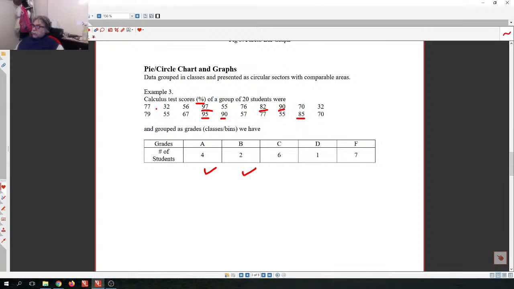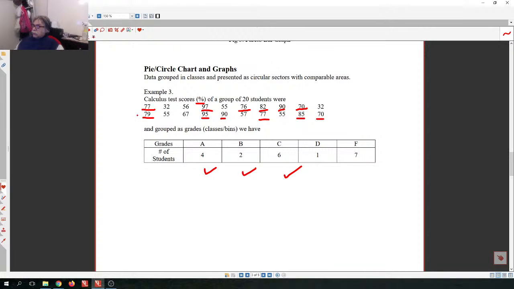C, 77, 76, 73, 79, 4, 77, 5, and another one here, 6. 6 C's.